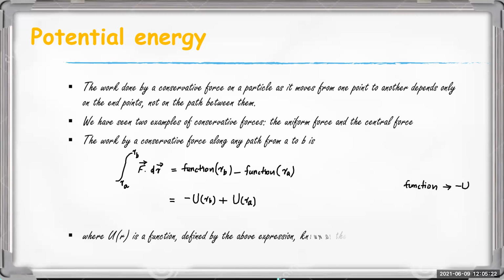Where we used the function U of r, defined by the above expression, known as the potential energy function. So U of RB is the potential energy function at RB, and U of RA is the potential energy function at RA.